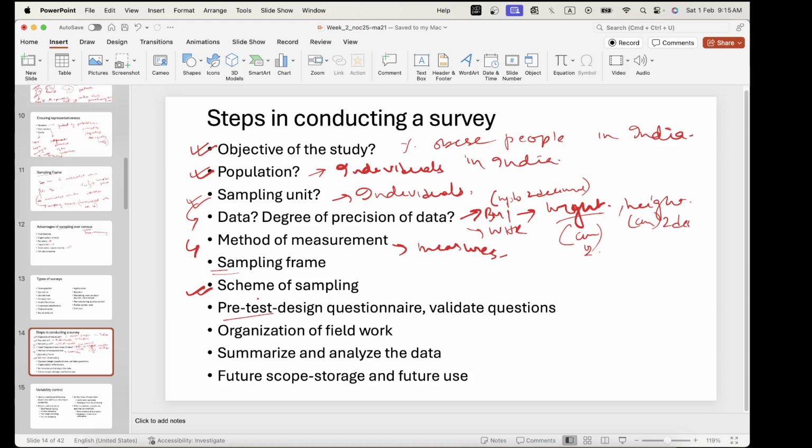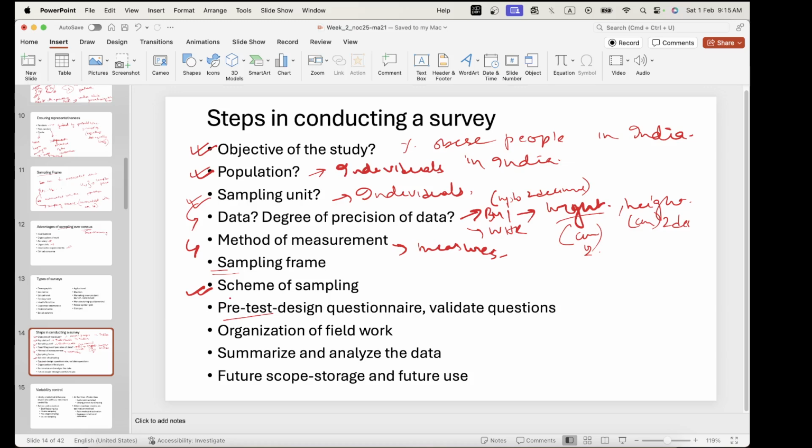Okay, so these are some of the nuances that we need to take care, and it's best that we do a mock survey so that we know that whatever questions that we've decided, whatever metrics that we have decided, those are valid. Sometimes what happens is that it could happen at any stage that you decide on a certain method of measurement, and then you find practical constraint associated with that.